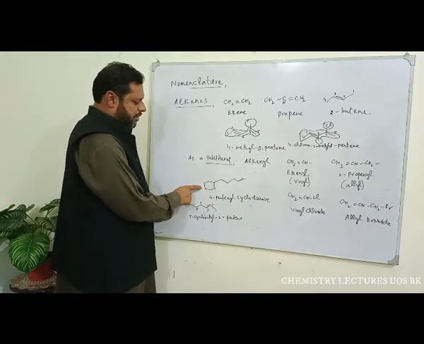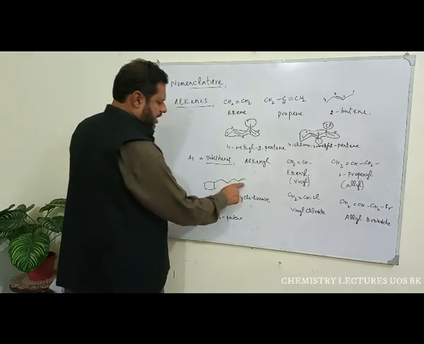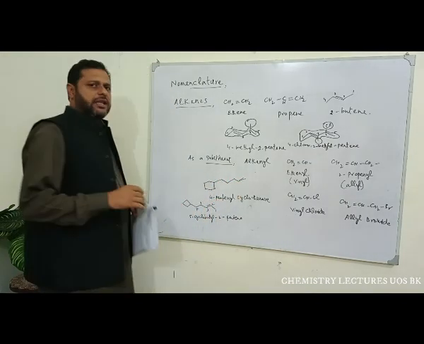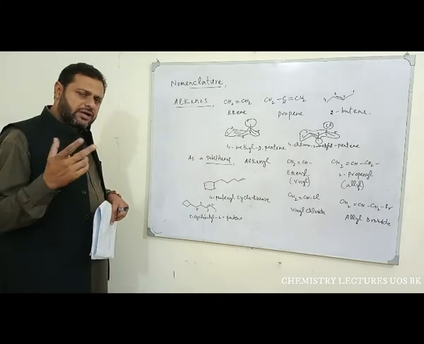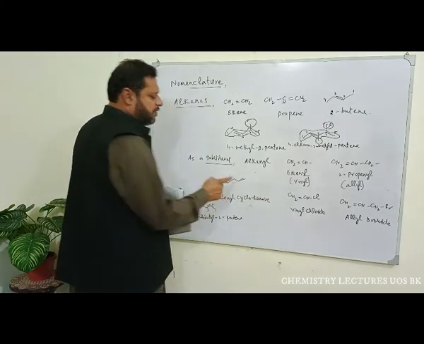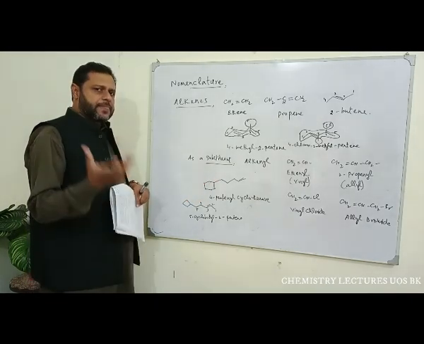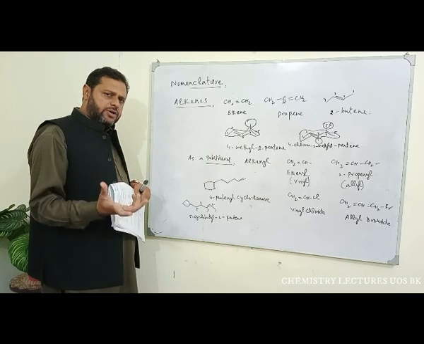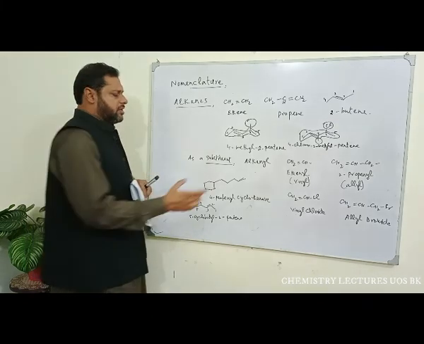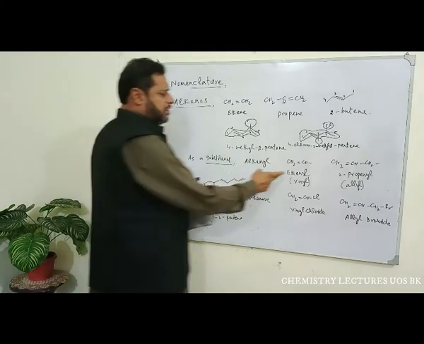So the parent name will be cyclohexane, and this chain, which is an alkane chain, is converted into alkyl as a substituent. Likewise, a chain containing a double bond that is a substituent will be converted into an alkenyl. So the name of that chain will be alkenyl. If you have a double bond, it will be ethenyl.